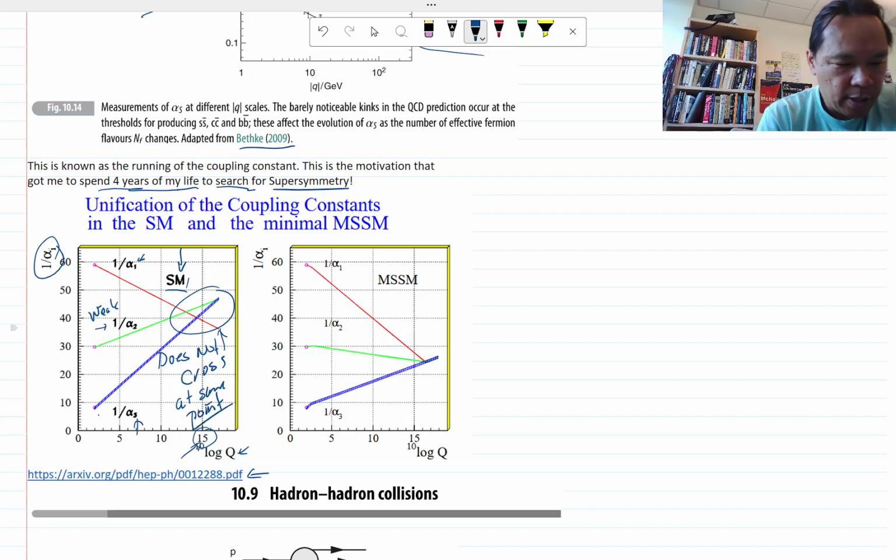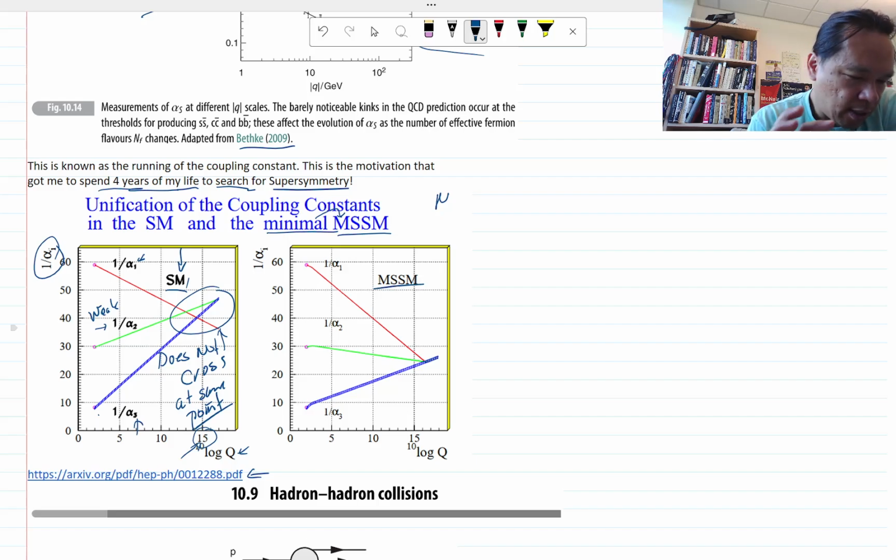And what I got attracted to is this thing called the minimal supersymmetric model. MSSM means minimal supersymmetric model, a modification of the standard model with supersymmetry.